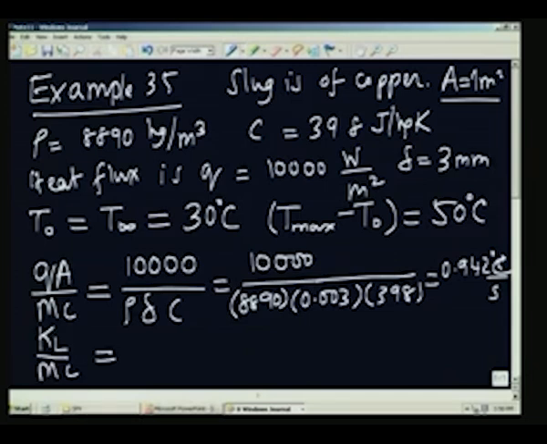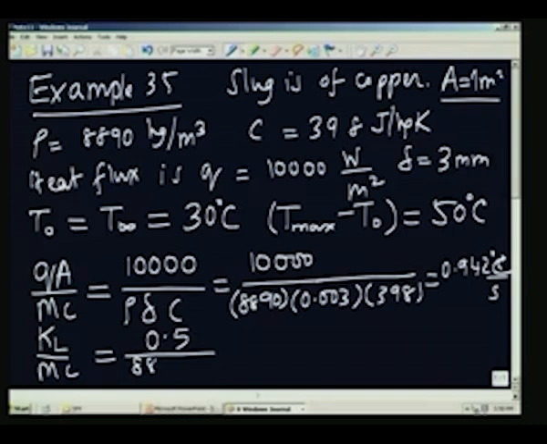is given by 0.5 divided by, and KL has actually absorbed that A, and therefore A will cancel off with that. So, KL can be simply taken as the 0.5 here, divided by M, which will be the product of density and the thickness, rho into delta, multiplied by C, the same denominator.